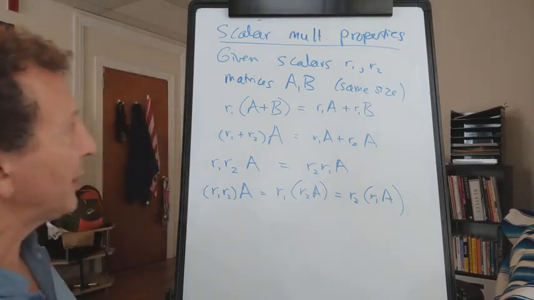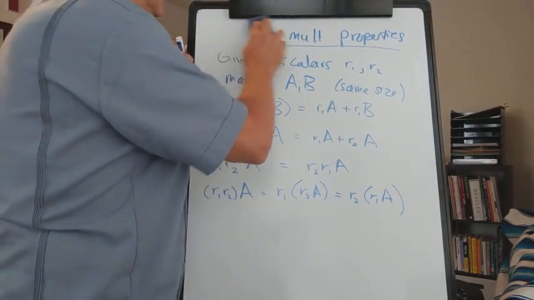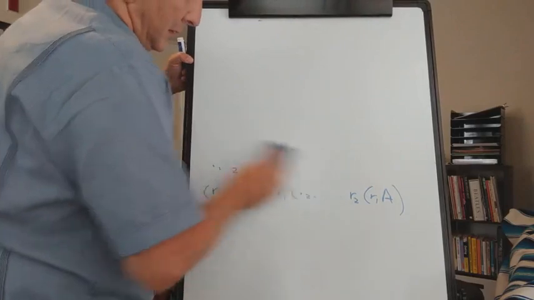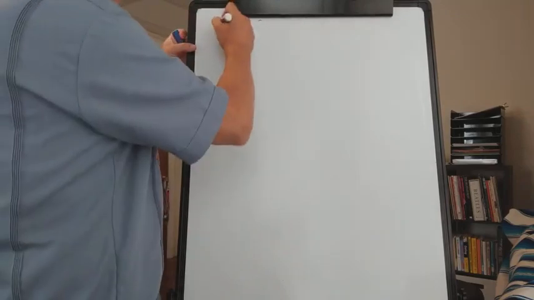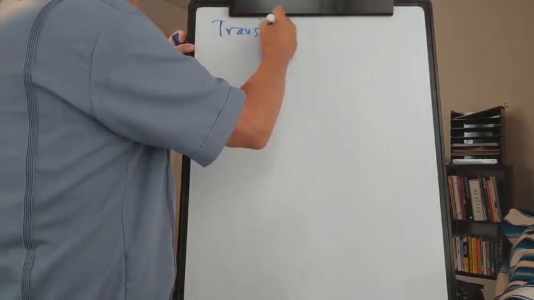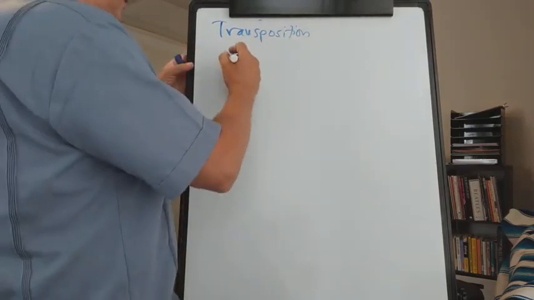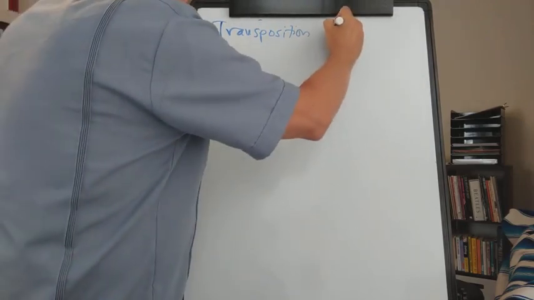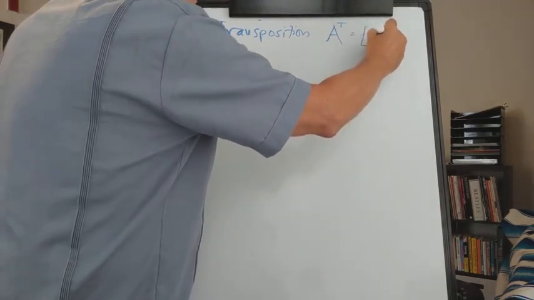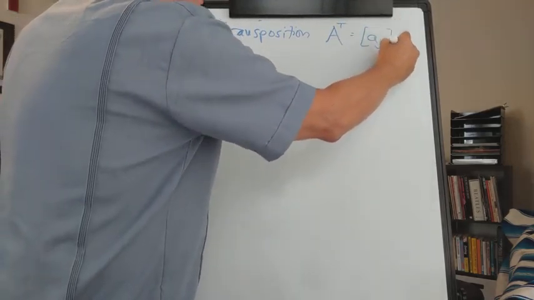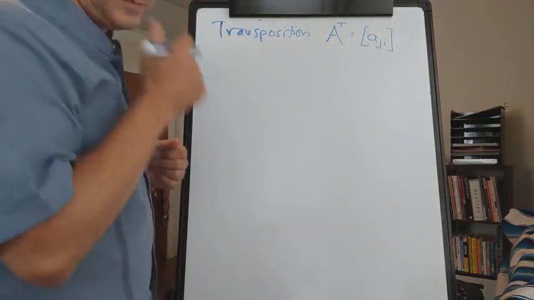All right, now let me bring up the unary operation of transposition. Sometimes it's useful to switch the rows and columns of a matrix. And we define A transpose to be the matrix whose ij entry is the ji entry of A. So we take the row index and the column index and we switch them.